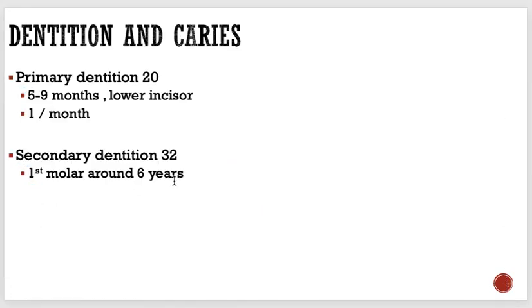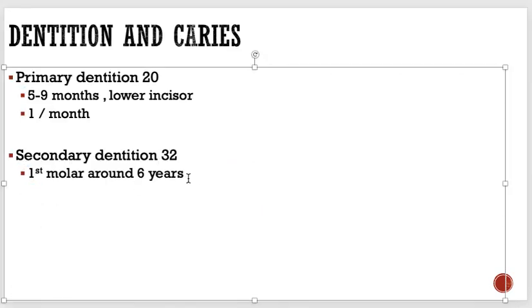One thing I wanted to talk about here is something called milk caries. If you know what caries is, that blackish thing which you can see in your tooth, and sometimes you have pain in your tooth as well.